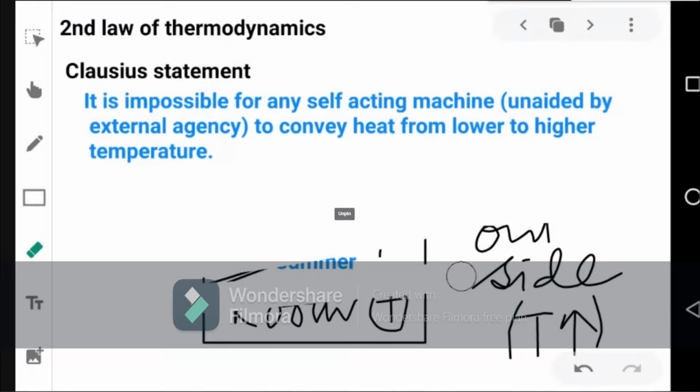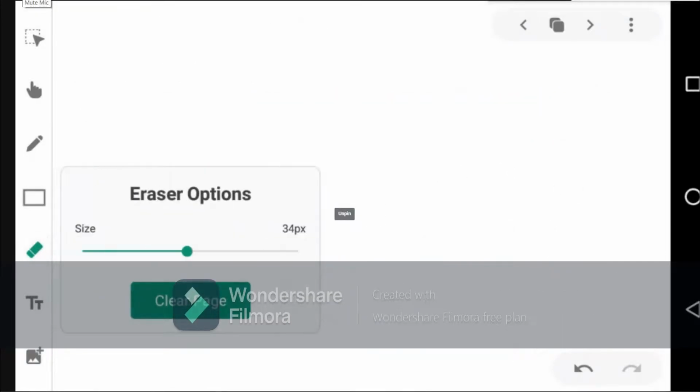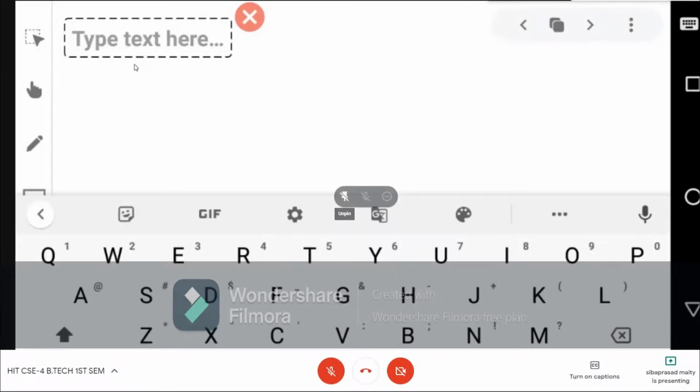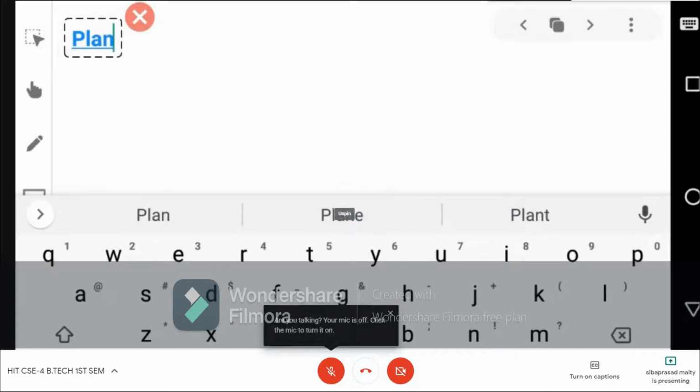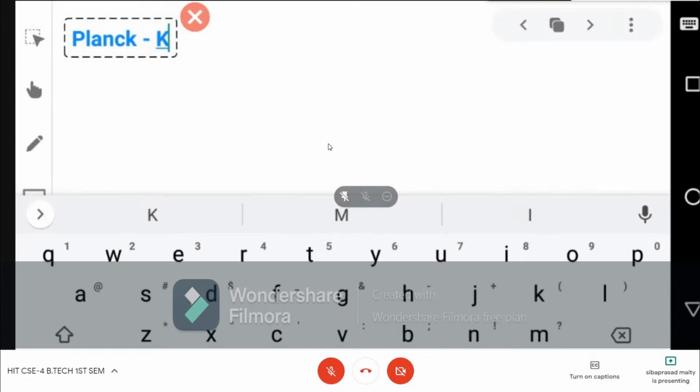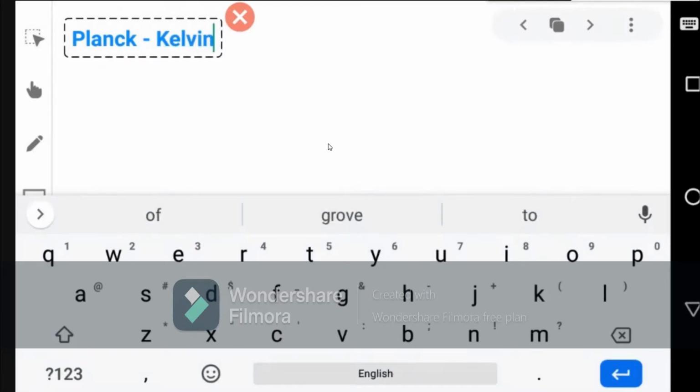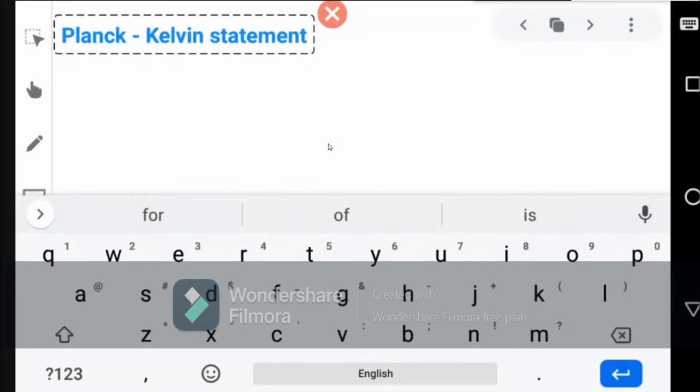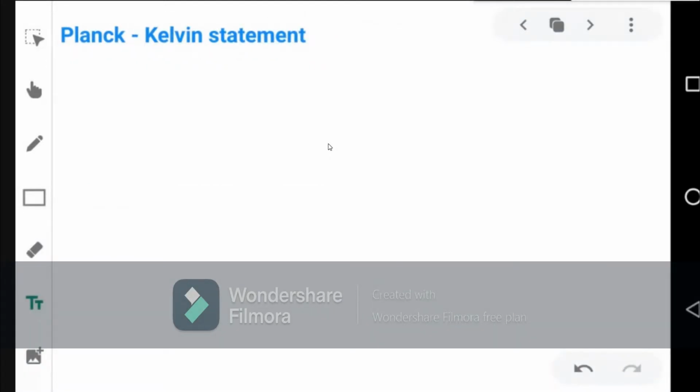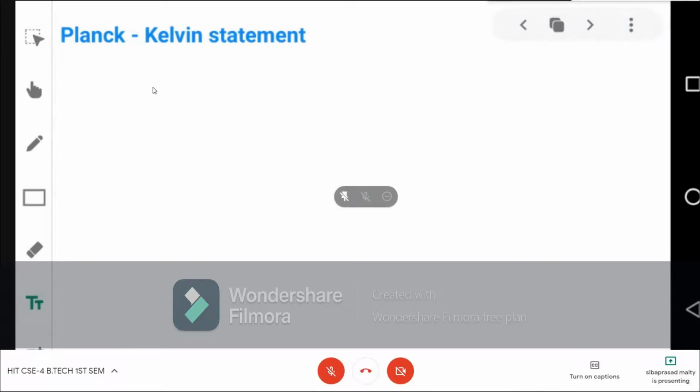Next. Another statement was given by Planck and Kelvin. That is known as the Planck-Kelvin statement. What is that?